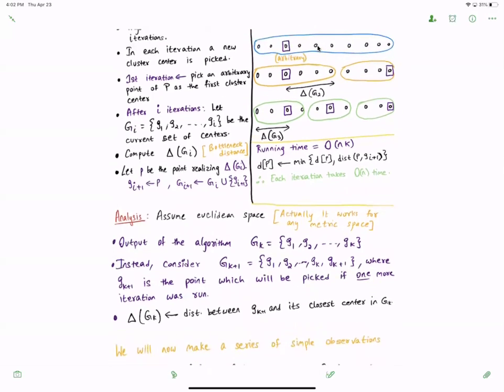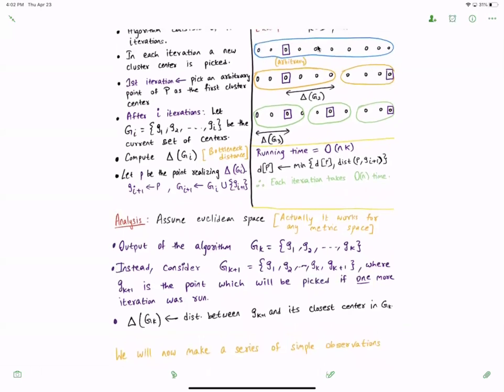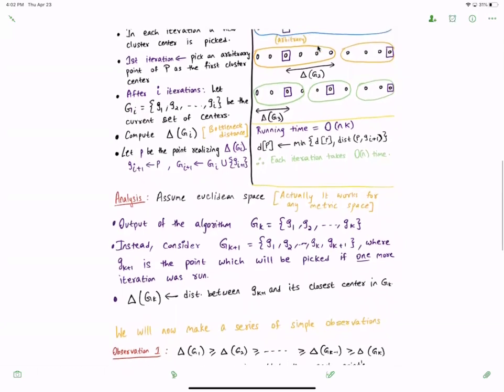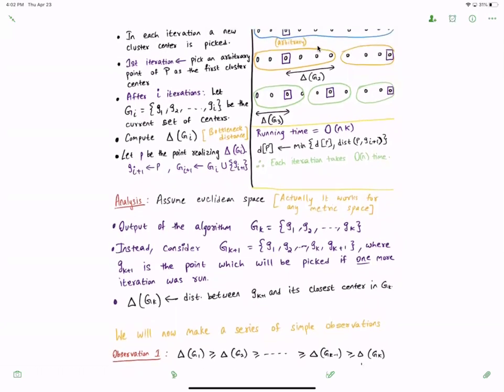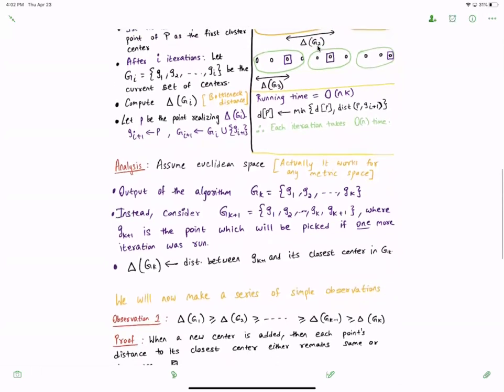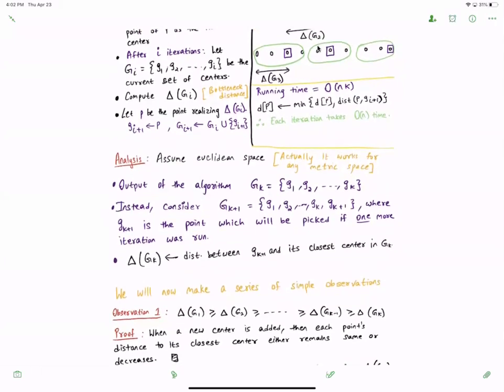Okay, so now we'll make a series of simple observations, three observations, and we'll be done. Let's start with observation 1. The first observation I'm making is the following: these delta Gi keep decreasing with every iteration.